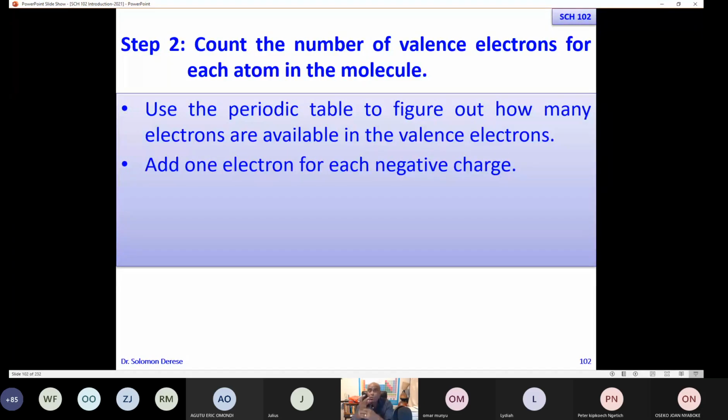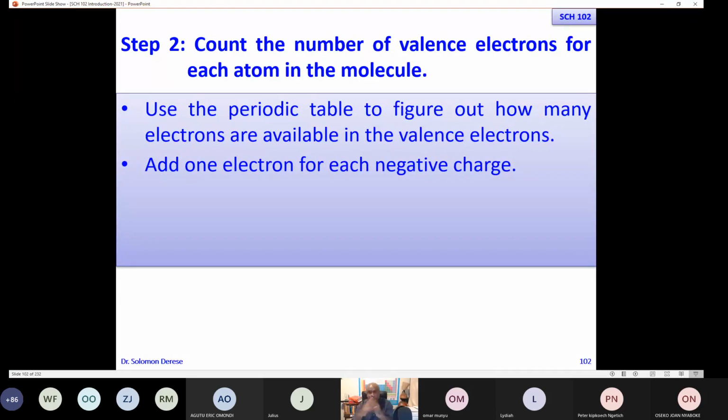As a result, when you are counting the valence electrons, after you have added up the valence electrons for all the elements, you have to add 1 for each negative charge, because that will be the total electrons of that particular molecule. So if it is -1, you will add 1. If it is -2, you will add 2. If it is -3, you will add 3.